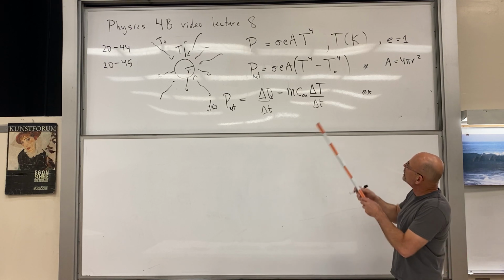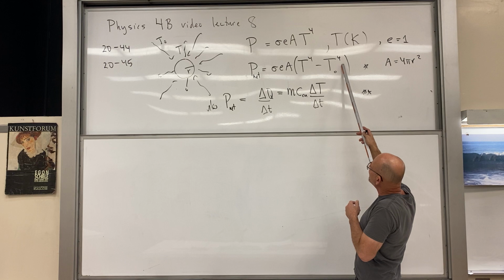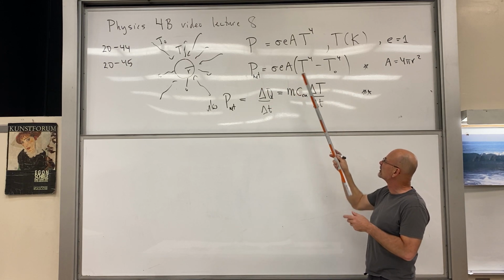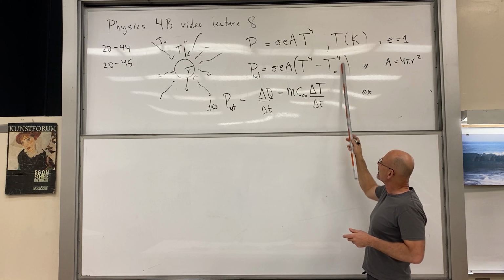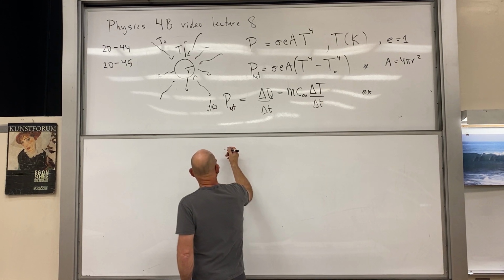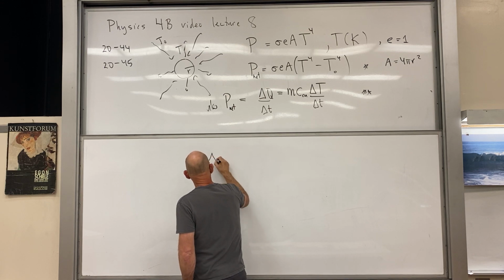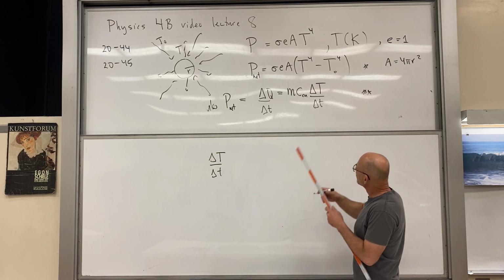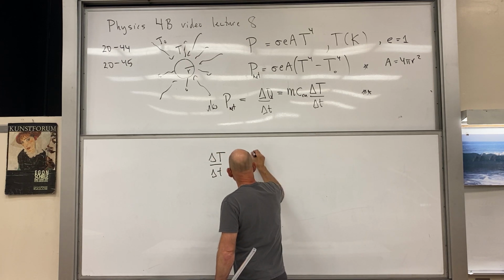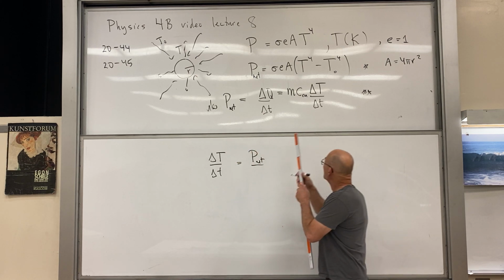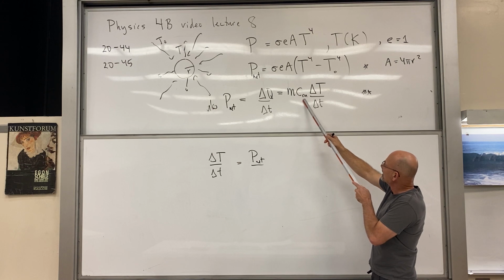Yeah, the minus sign is dominating here. We just need the magnitude. Okay, so we'll take the magnitude of this, or we can switch the sign around just so that that's noted. So what we're looking for is our change in temperature with respect to time, and we're just solving for this power divided by mass times specific heat of copper.